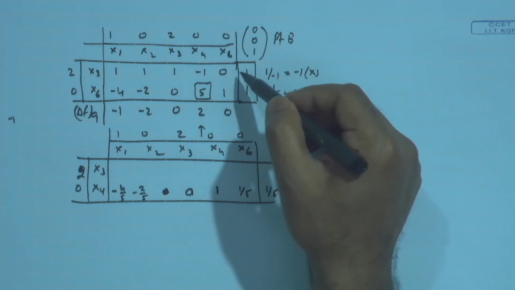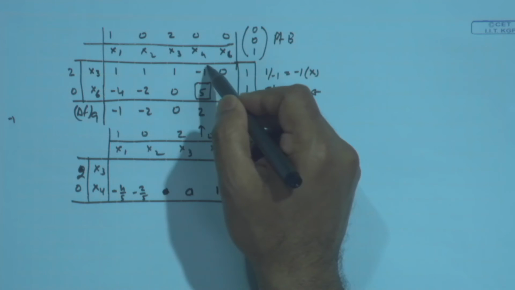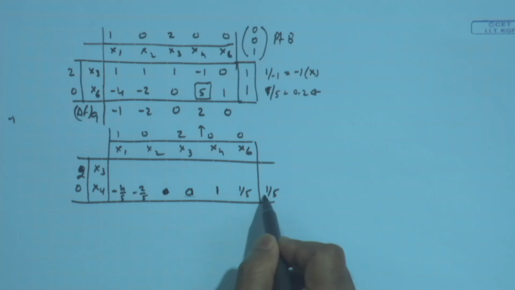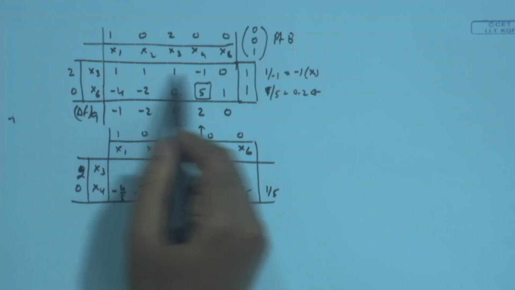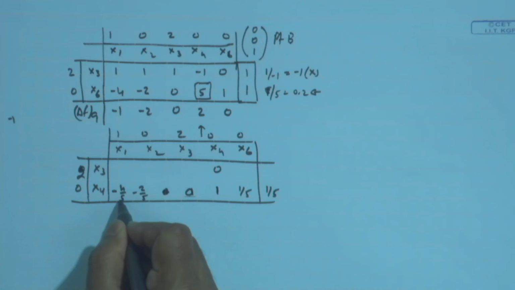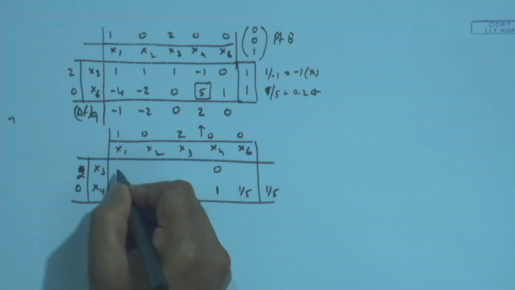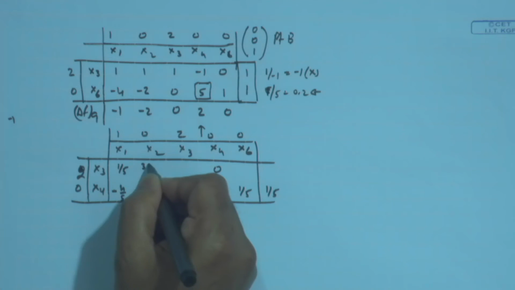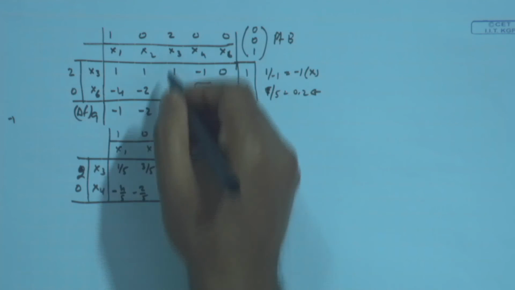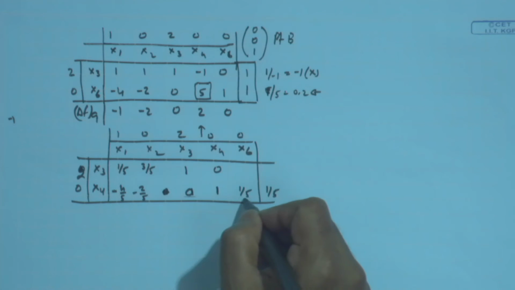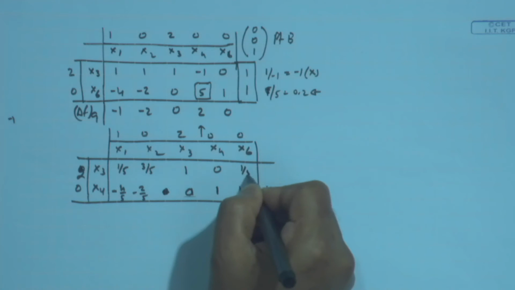Now this minus 1 has to be made 0. How do I do that? I simply add this column with that first column. If I add, then this will be 0. So let's see. Minus 4 by 5 plus 1, it will be 1 by 5. Minus 2 by 5 plus 1, 3 by 5. 0 plus 1, 1. 1 minus 1, 0. 1/5 plus 0, 1/5.